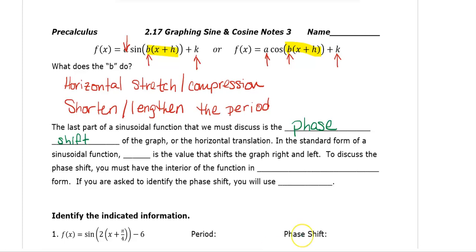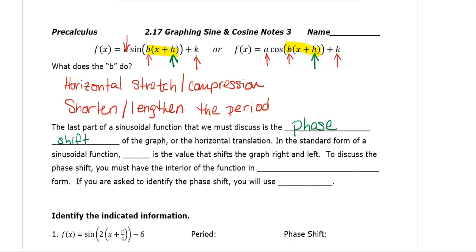If you look at what we have written up here, the only variable that we haven't addressed for any of the transformations would be the h value right here, this x plus h within the function. So remember, if it's inside the function, it's the opposite of what you see. In the past, if it was x minus 2, we know that means I go to the right 2. And that stays the same for this as well.